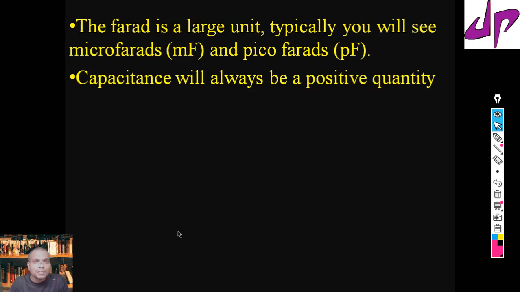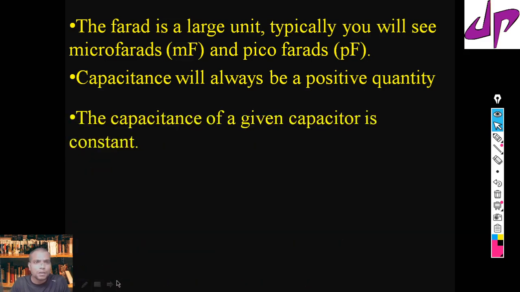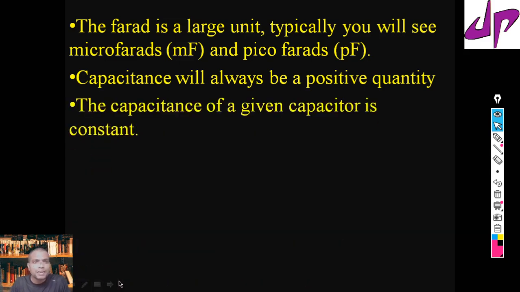And capacitance will always be a positive quantity, because the potential difference and the charge are both taken as positive. Now the capacitance of a given capacitor is a constant.